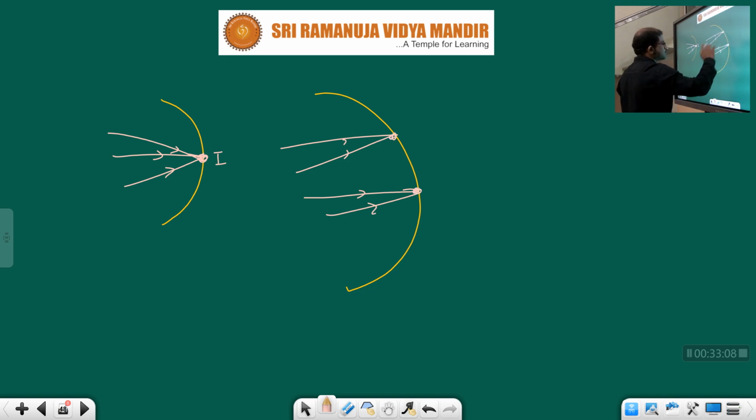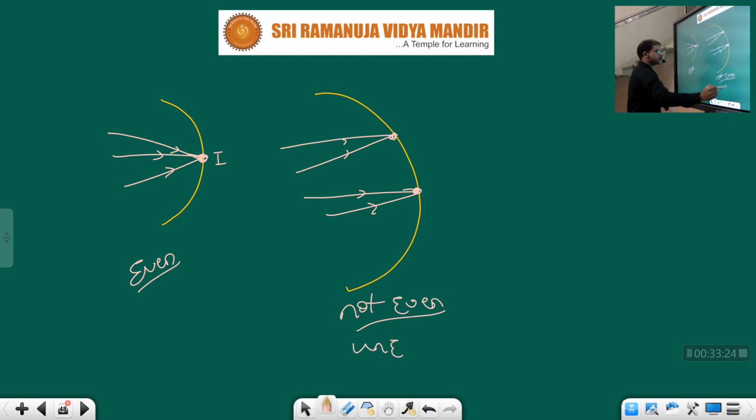Means the image that is about to be captured by the retina is spreading, children. Here it is even, in the sense focusing at one point. Here it is uneven. So due to this, the image that forms appears blurred.